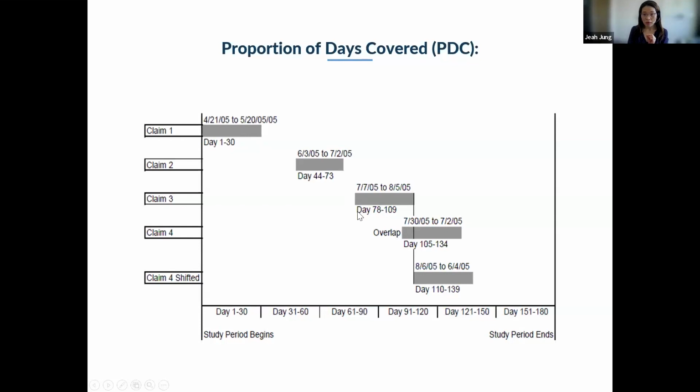So in July, this beneficiary filled how many days? About 28 days. So let's say 28 days of supply here.